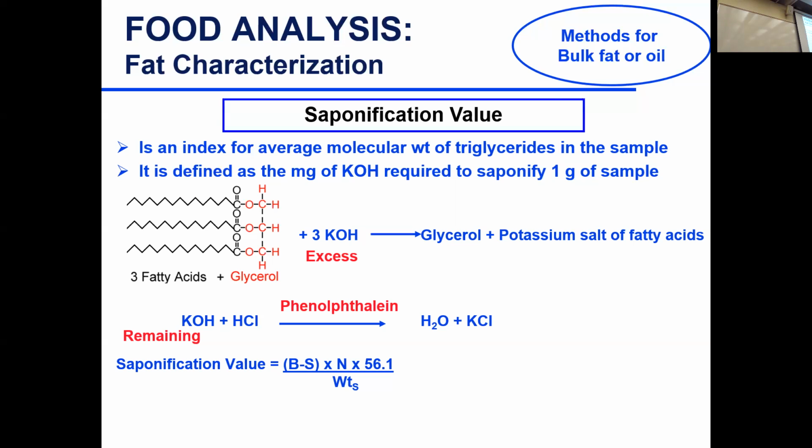Because remember, the number of moles is what? Is the molecular weight? Or how is it? I need to write it down to get the unit right so that I don't confuse you. So the molecular weight equals grams per number of moles, right?